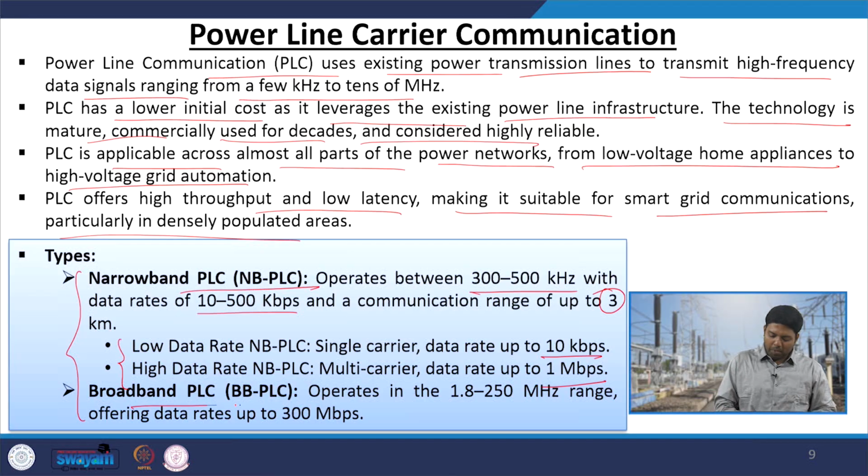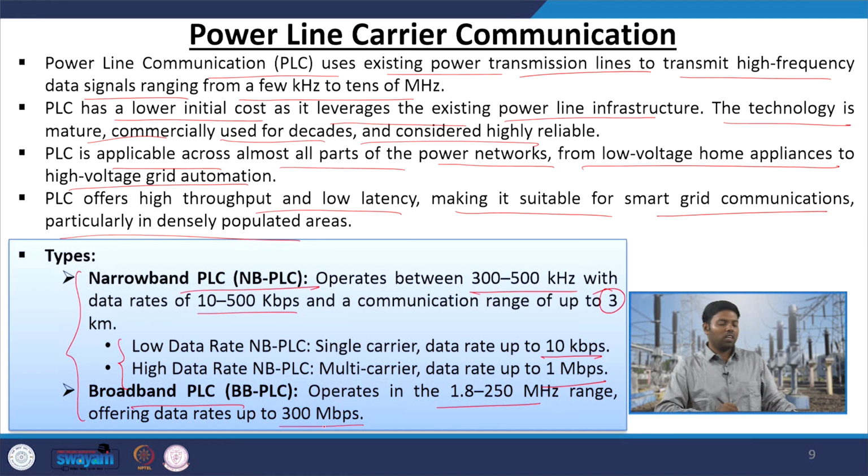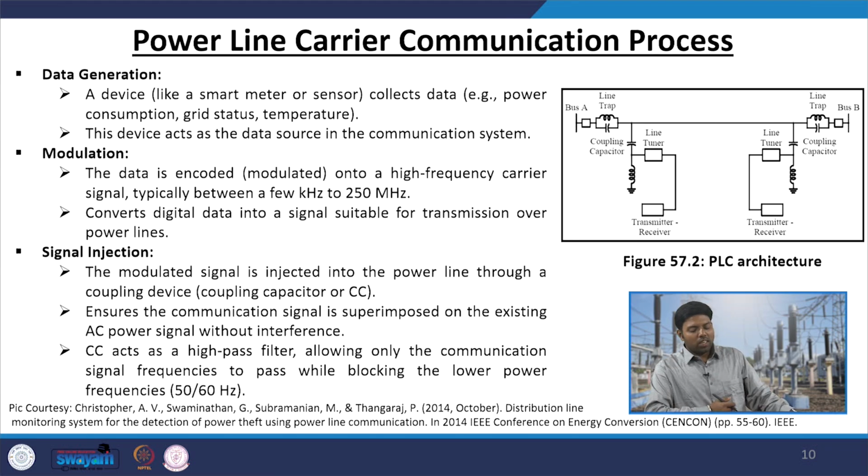Then you have broadband PLC, which has a frequency range of 1.8 to 250 megahertz, and a data rate of around 300 Mbps.